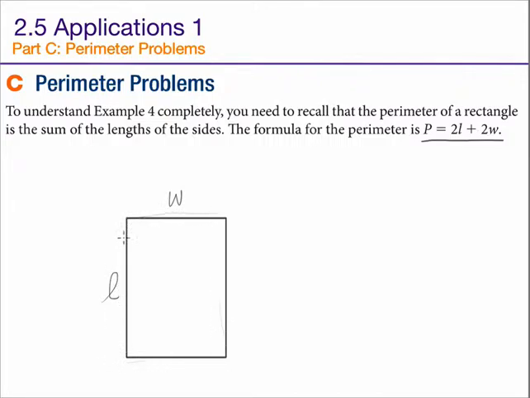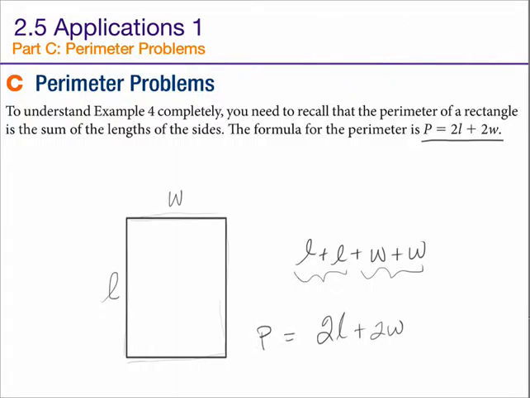That'll be the length plus the length again, plus the width again. And L plus W plus W, combining like terms, is 2L plus 2W. That's how you find the perimeter of a rectangle.